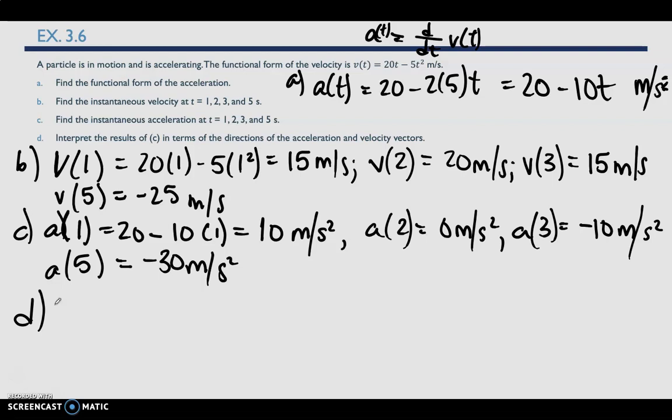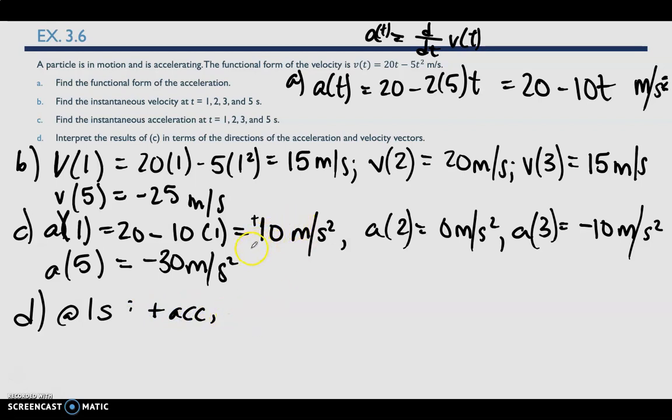Now for part D, it asks you to interpret your results of C in terms of the direction of acceleration and velocity vectors. So looking at part C, you can see that at 1 second we have a positive acceleration.